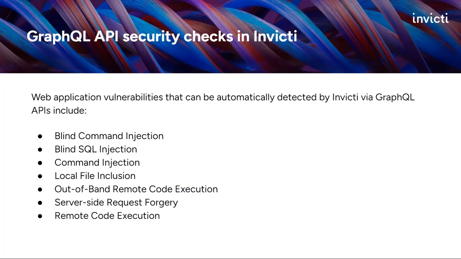And the Invicti scanner is actually able to scan GraphQL APIs for vulnerabilities like blind command injections, blind SQL injection, command injection in general, also local file inclusions, out-of-band remote code executions, server-side request forgery, remote code execution, and so on.